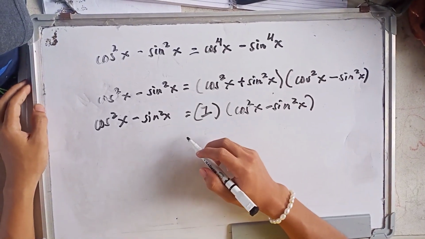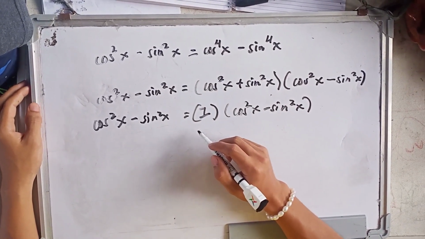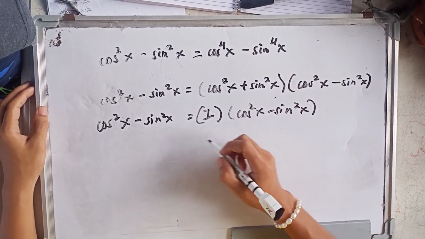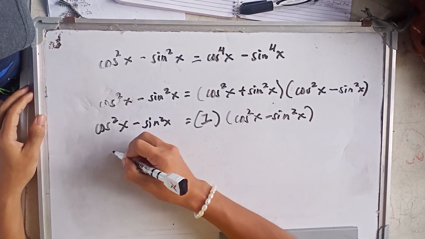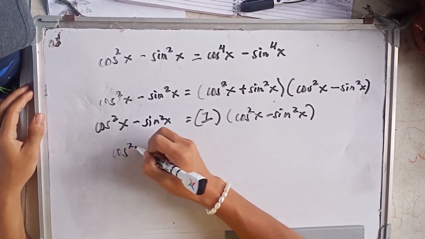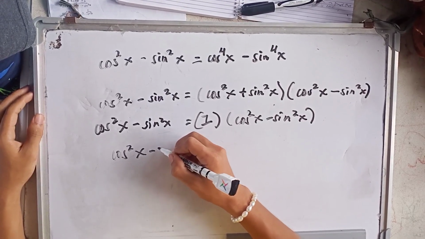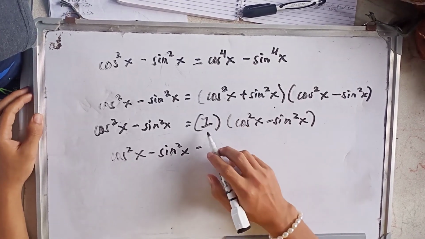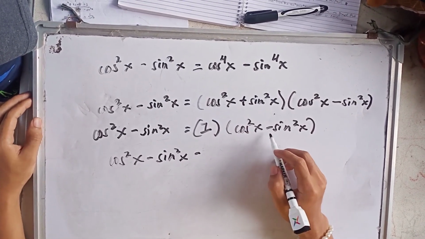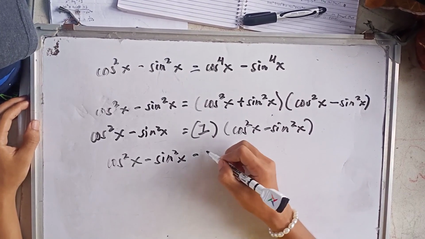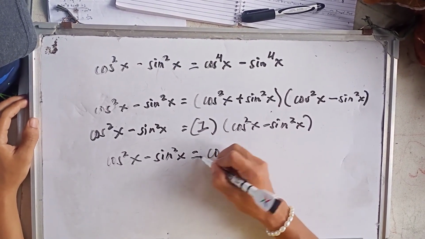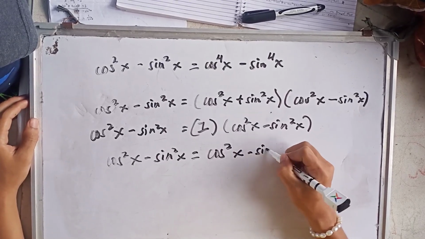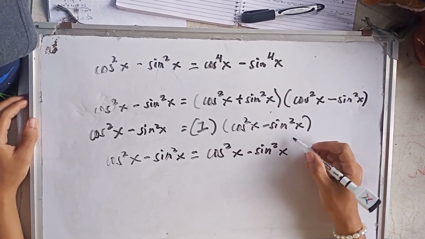After that, we multiply the 1 by cosine squared theta minus sine squared theta. And still the answer is cosine squared theta minus sine squared theta. 1 times cosine squared theta minus sine squared theta is equal to cosine squared theta minus sine squared theta.